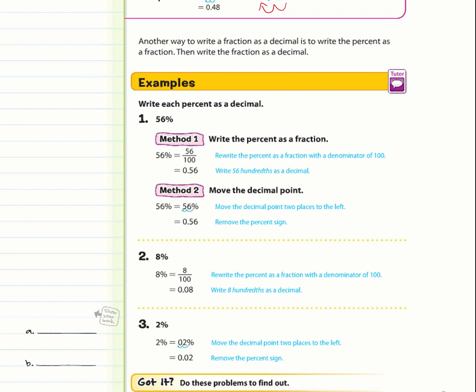So example number 1, write each percent as a decimal. So method 1, I can change 56% to a fraction, and I know that that is 56 hundredths. Or method 2, I can take 56%, I gotta work on my percent signs, and move the decimal place twice to the left to get 56 hundredths.